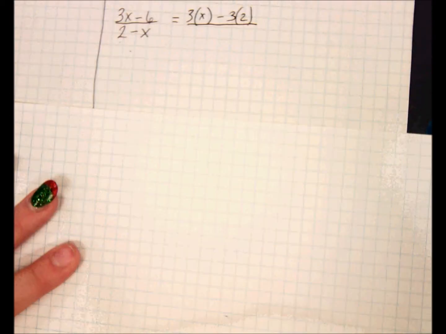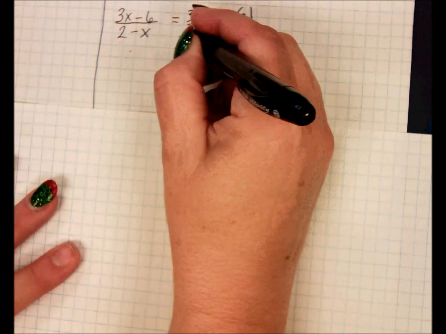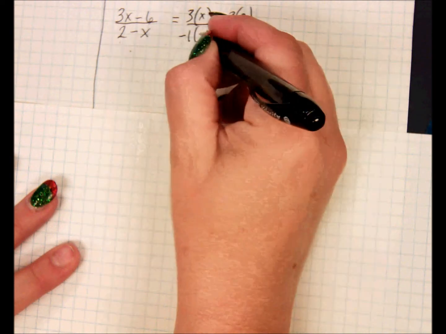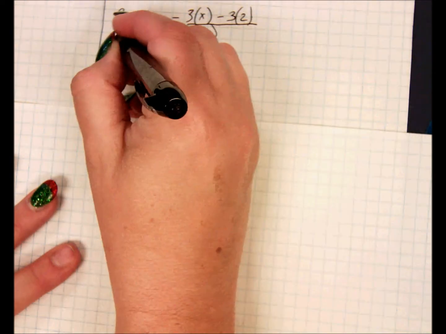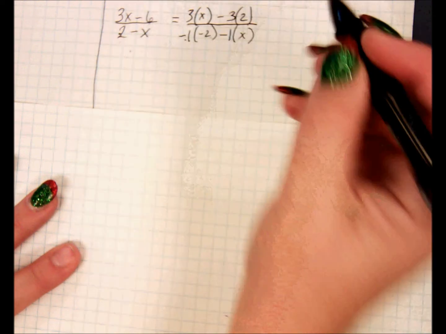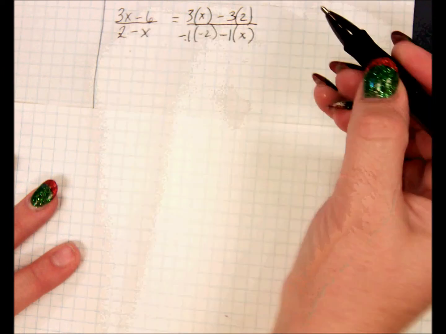Down the bottom, initially I don't see anything I can take out, but looking back at that last problem, I'm going to see if I move the stuff around by doing a -1 if it helps me. So -1 times -2, because negative times a negative is a positive, 2 times 1 is 2. -1 times positive x, because negative times a positive is a negative, 1 times x is x.